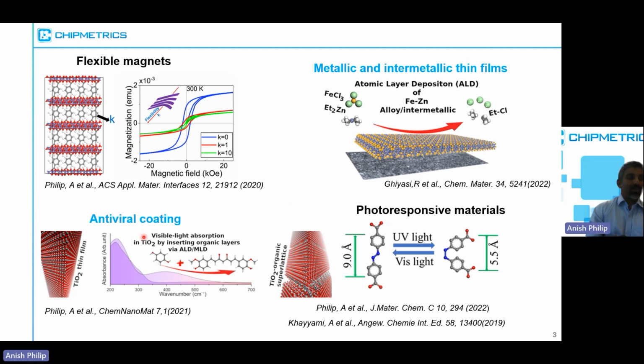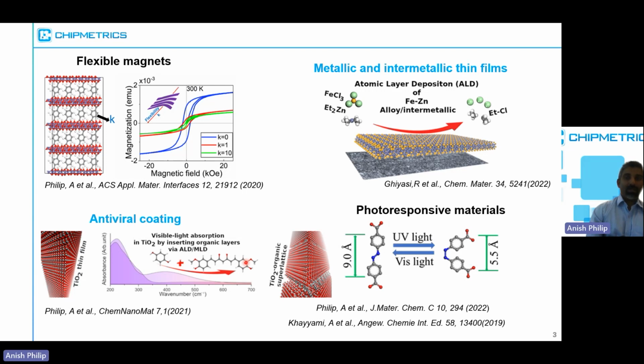In other studies, we were depositing zinc iron intermetallic thin films using atomic layer deposition. Then another interesting thing was the application of atomic layer deposition along with MLD for antiviral coating. We talked about this antiviral coating when Corona hit, and during that time curcumin, which has some antiviral properties, came into the limelight.